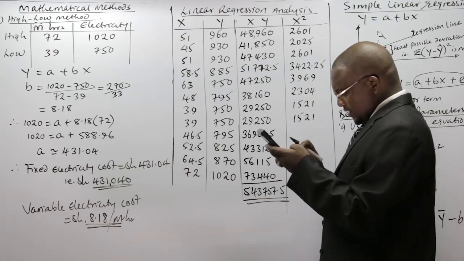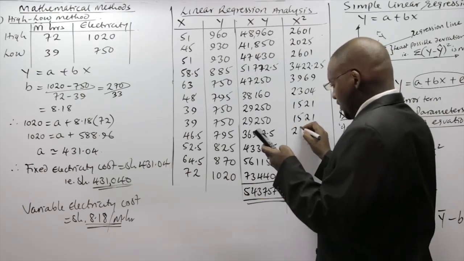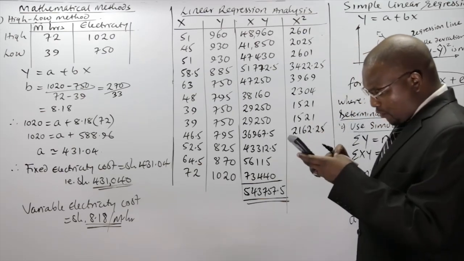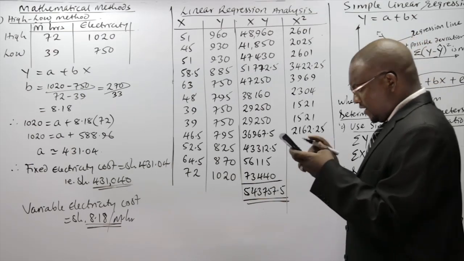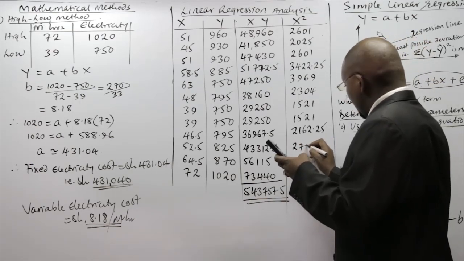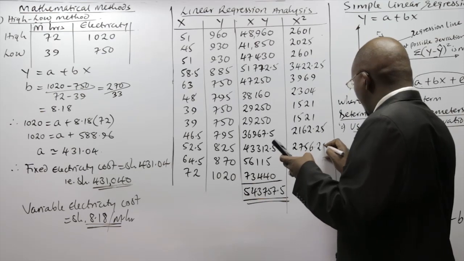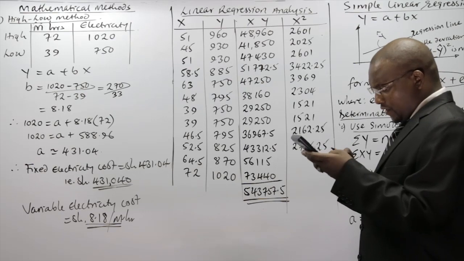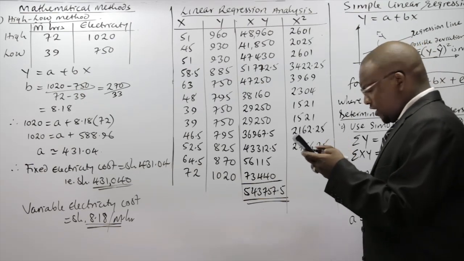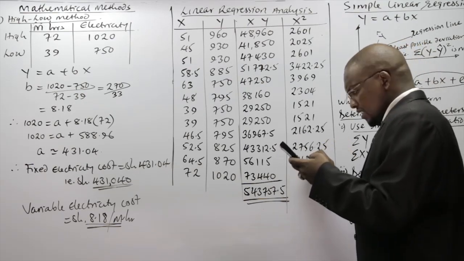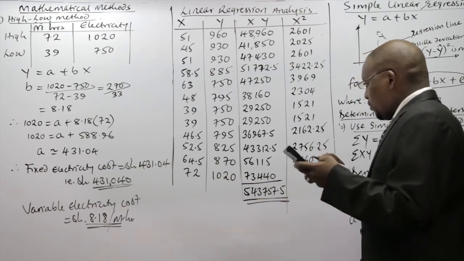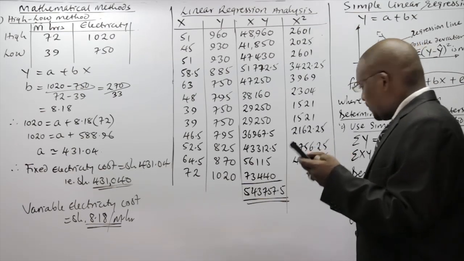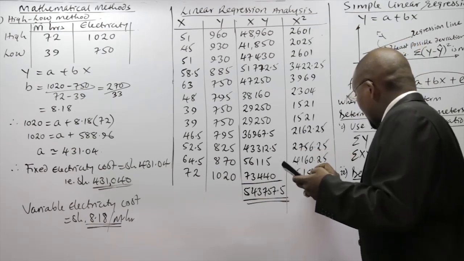46.5 squared is 2162.25, while 52.5 squared will give us 2756.25. 64.5 squared shall give me 4160.25, while 72 squared will give me 5184.